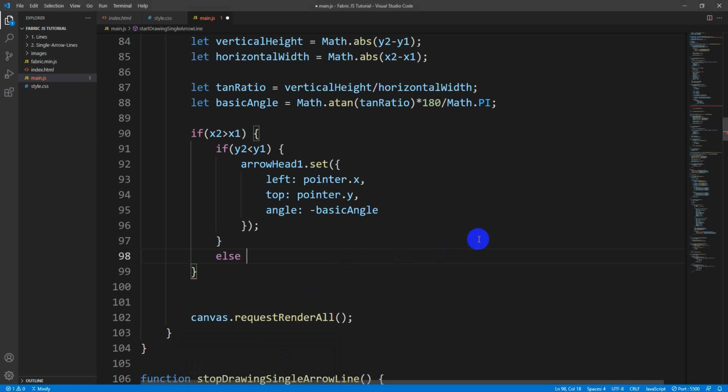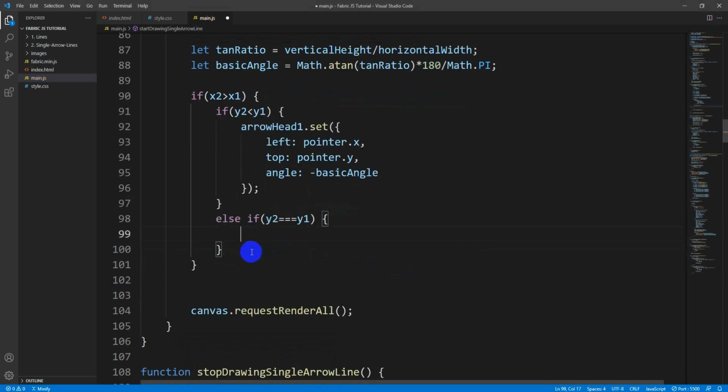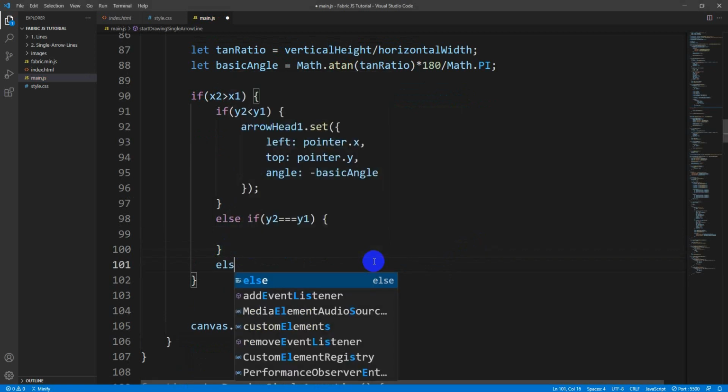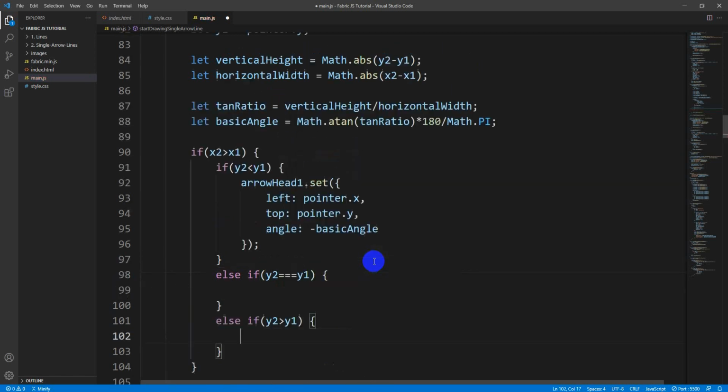Else if y2 is equal to y1, we have something else, we have to convert this. And else if y2 is greater than y1, we have something else over here.